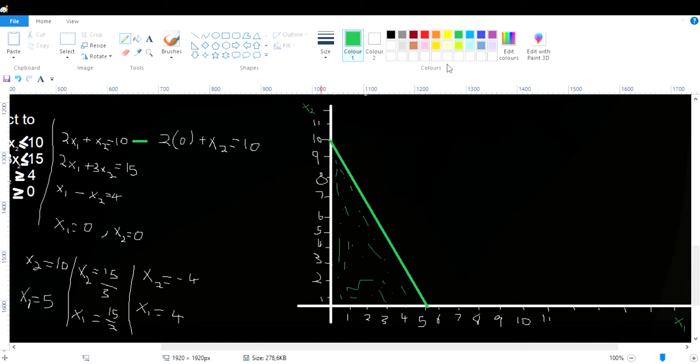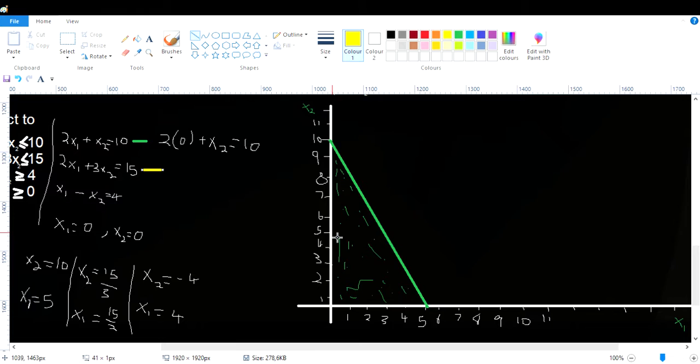Then for this one, I'm going to use yellow. 15 over 3 is equals to 5, so our first point is here.